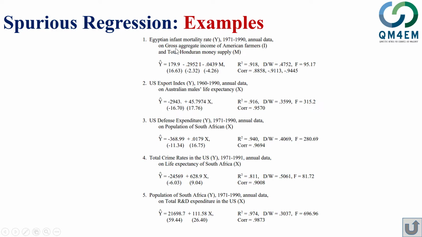The American farmer has nothing to do with the infant mortality rate of Egypt, but during 1971 to 1990 the infant mortality rate has been declining, and so was the income of the American farmer in the same period, and so was the money supply. So these were strongly moving together in time.